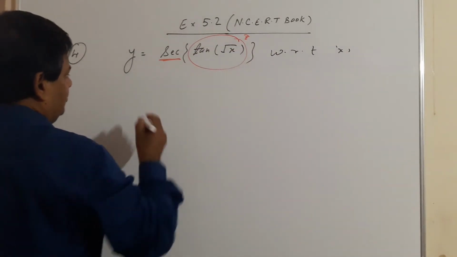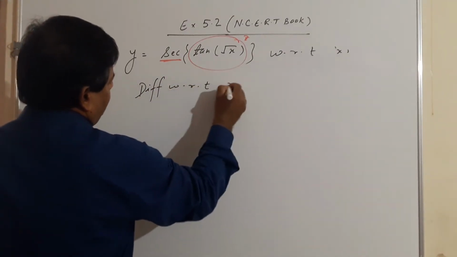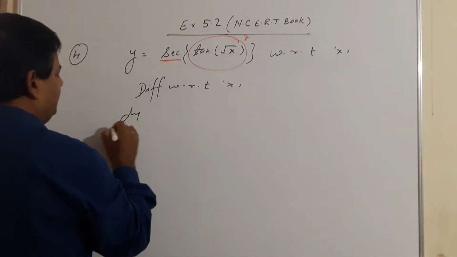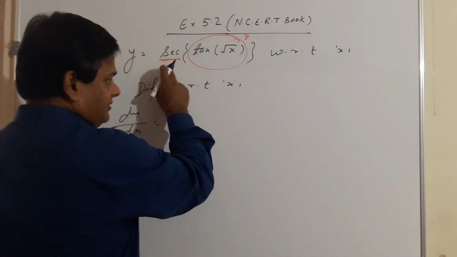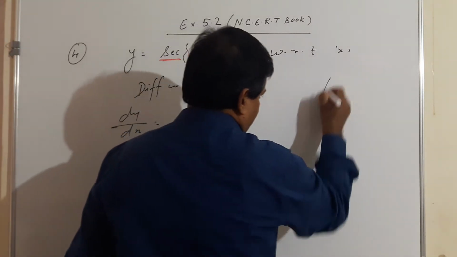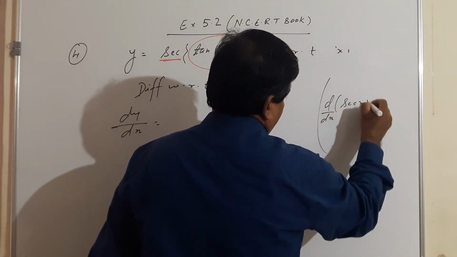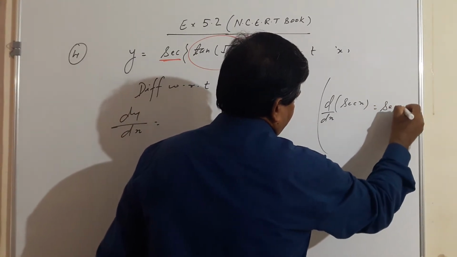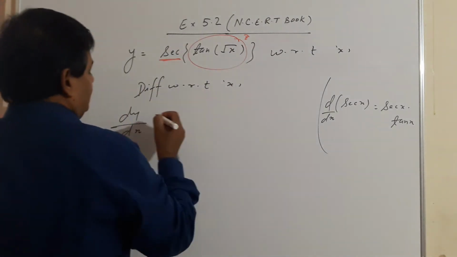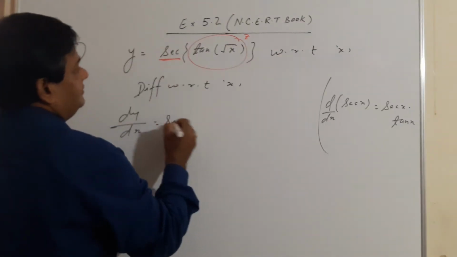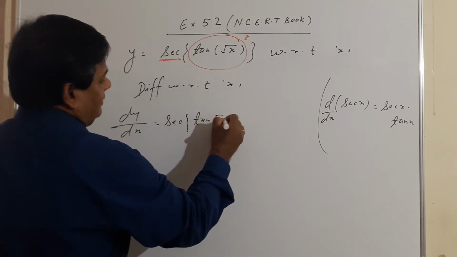Differentiating with respect to x, dy/dx: the differentiation of sec x is sec x into tan x. So here it becomes sec(tan √x).